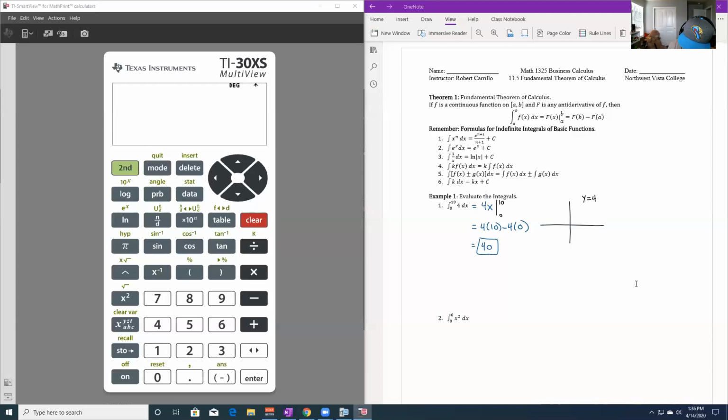So here's y equals 4. It's a horizontal line. But what this antiderivative wanted was to evaluate it from 0 to 10. So this is where we want to evaluate it.